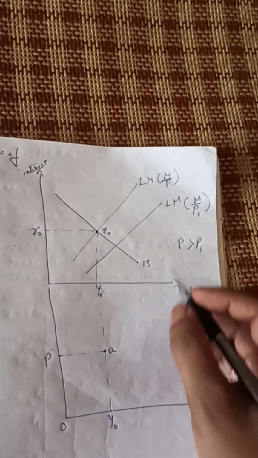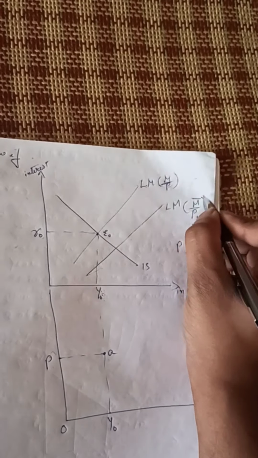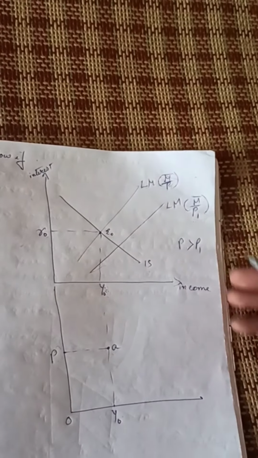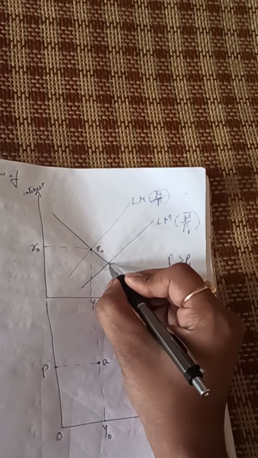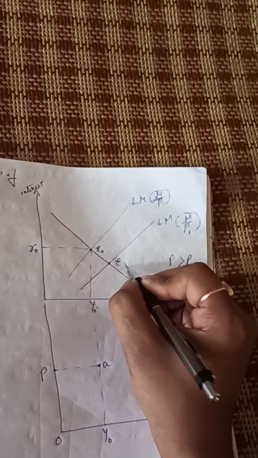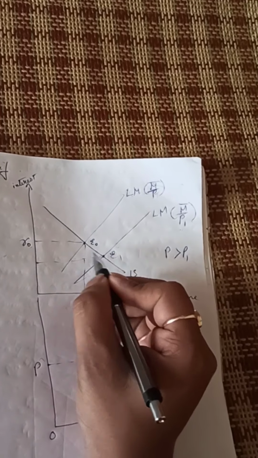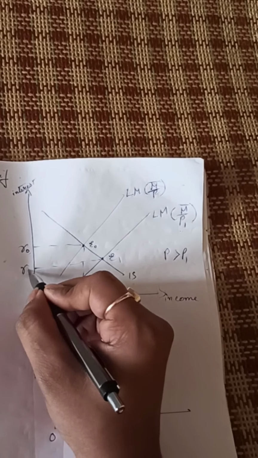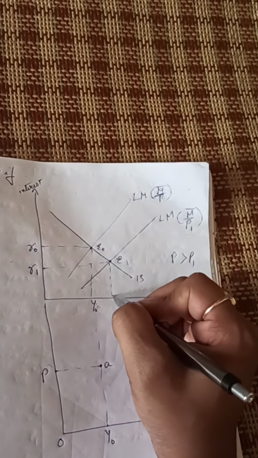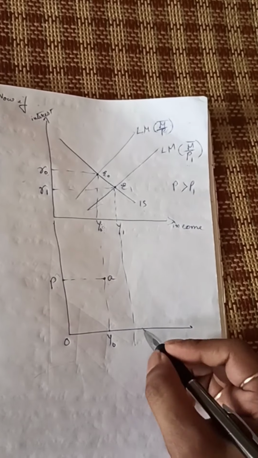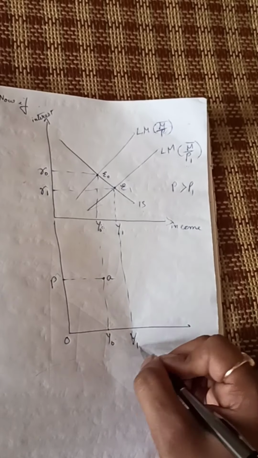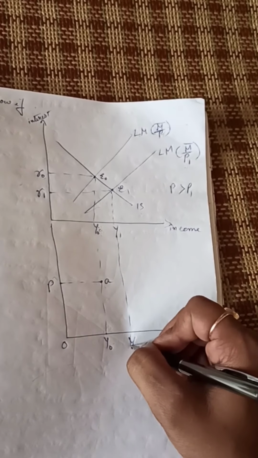Okay, and over here you can give a bar implying that the money supply is constant. The new equilibrium will be E1, the new rate of interest is R1, and the new income level is Y1. Okay, now let us extend Y1 over here.